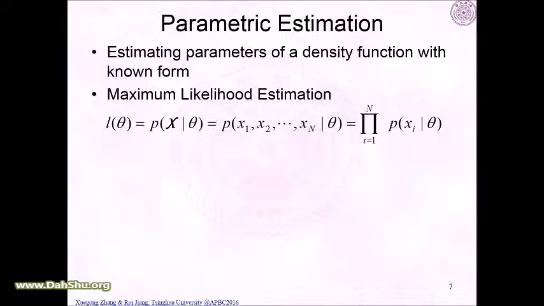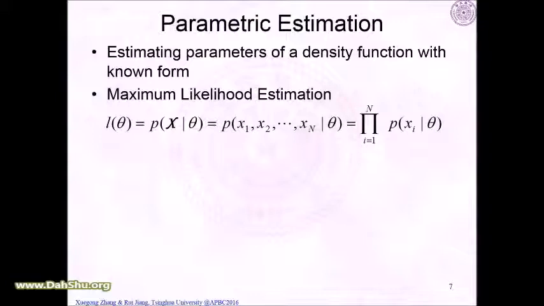For doing this estimation, there are two major ideas. One is the so-called maximum likelihood estimation. That is, we use the joint probability of all the data, where each x is a sample. If we know the parameter, then we can calculate the joint probability.